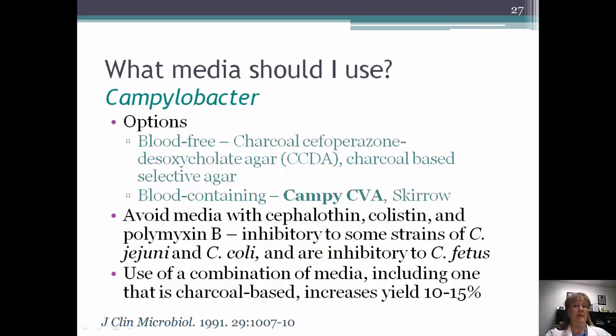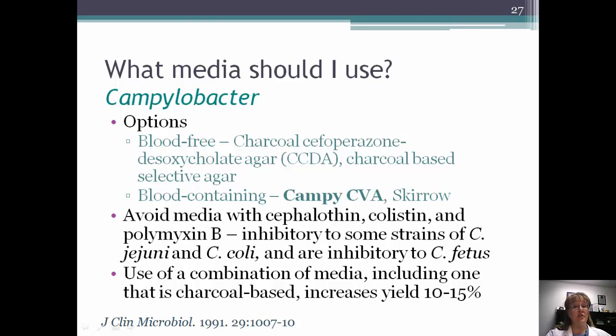Now, what about the media for Campylobacter? Most of us probably use the blood-containing media, such as Campy-CVA. Remember now, there is also a blood-free media. It's the charcoal cefoperazone deoxycholate agar, which is a charcoal-based agar, which some have reported actually has better sensitivity for recovery of Campylobacter.